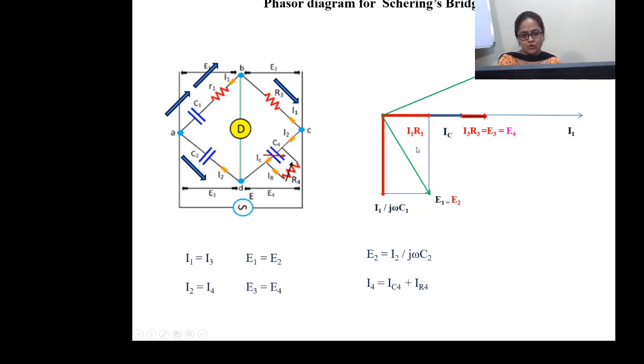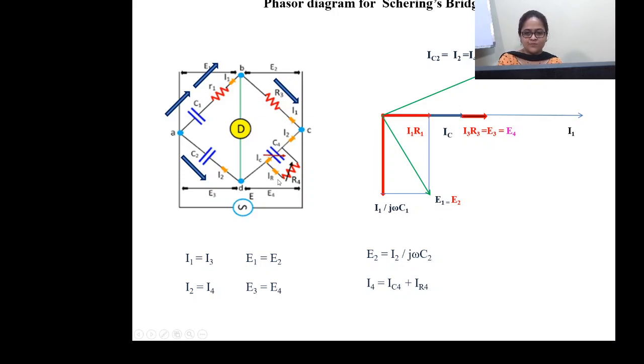So in order to draw the current phase, we'll draw it anti-clockwise because current is leading the voltage. So this phase is of current phase denoted by IC2 or I2 equal to I4. I hope both the phases for capacitor are very clear.